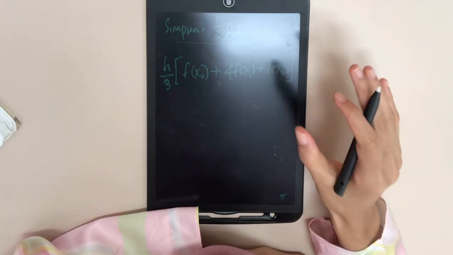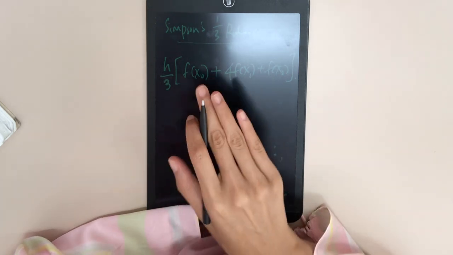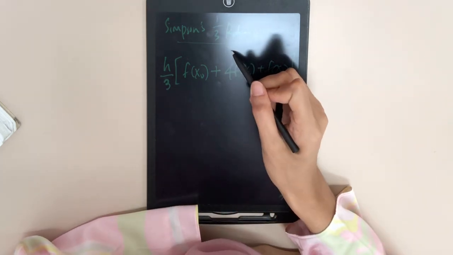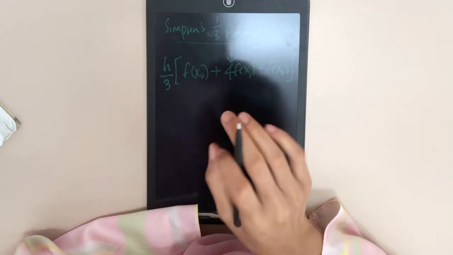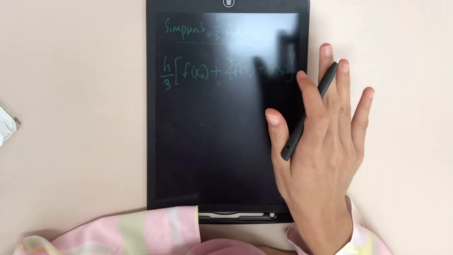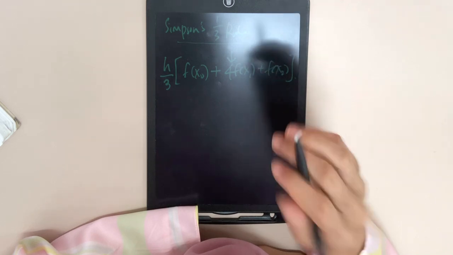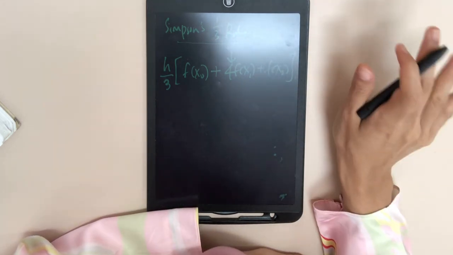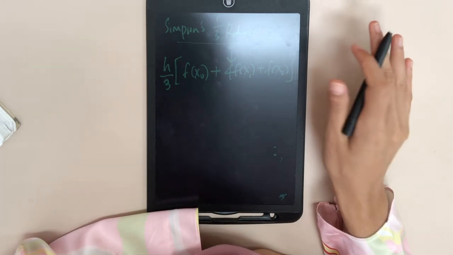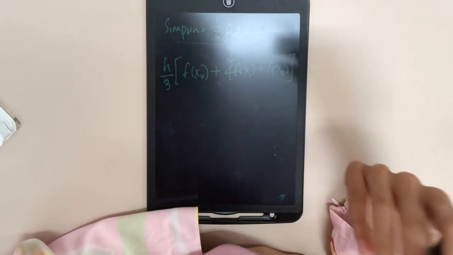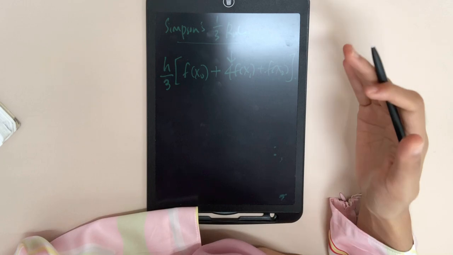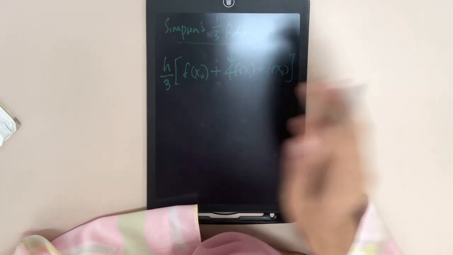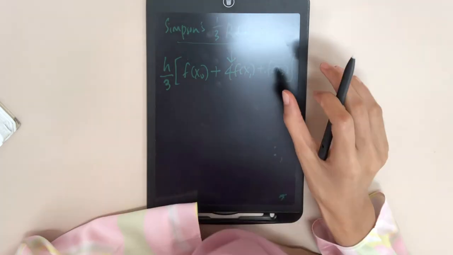It already fits just these three terms: f(x0), f(x1) and f(x2), and the middle one is multiplied by 4. That's it, I mean, it cannot be extended further, there is no plus something at the back. Like the trapezoidal just now, which doesn't fit yet. It depends on how many data points you have. But for Simpson's 1/3, it already fits just this formula.